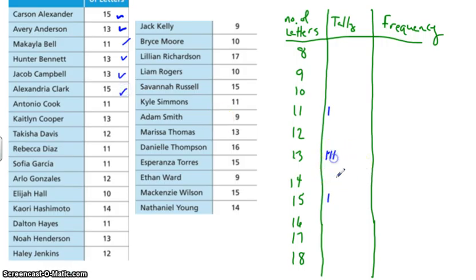Another 13 and a 15, 11 and 13, 11 and 13, 12, 11, 12, 11, 11 and then 12, 11, 12, 10, 14, 10, 14, 11, 12, 11, 12. All right, and then we got 12 and 9.